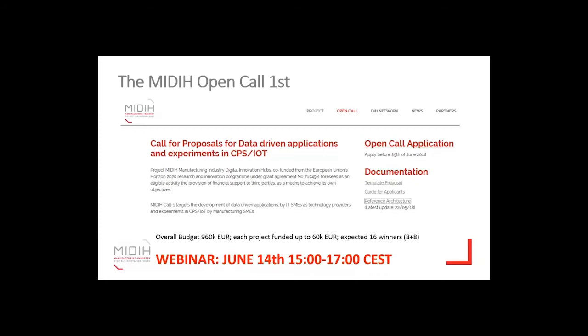We expect, but this is not given for granted, because of course if less than 16 proposals will be evaluated over the threshold, then we will save the money for the second open call. And so we expect to have more or less order of magnitude 16 winners of this proposal.